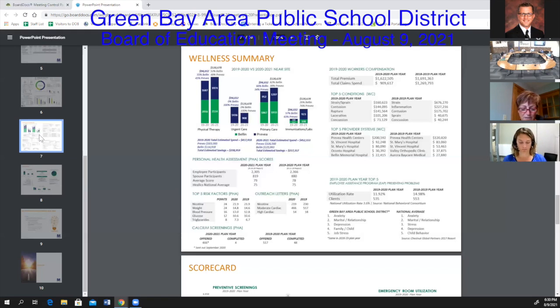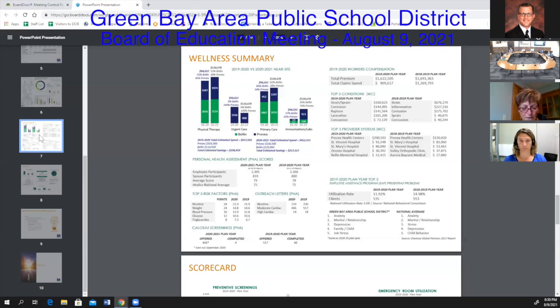There are outreach letters that are sent to any members that are at risk for nicotine or that fall into a moderate or high cardiac area. Those letters are sent direct to patients from Bellin Health. They are offered tobacco cessation courses, as well as the opportunity to get a free heart calcium screening.